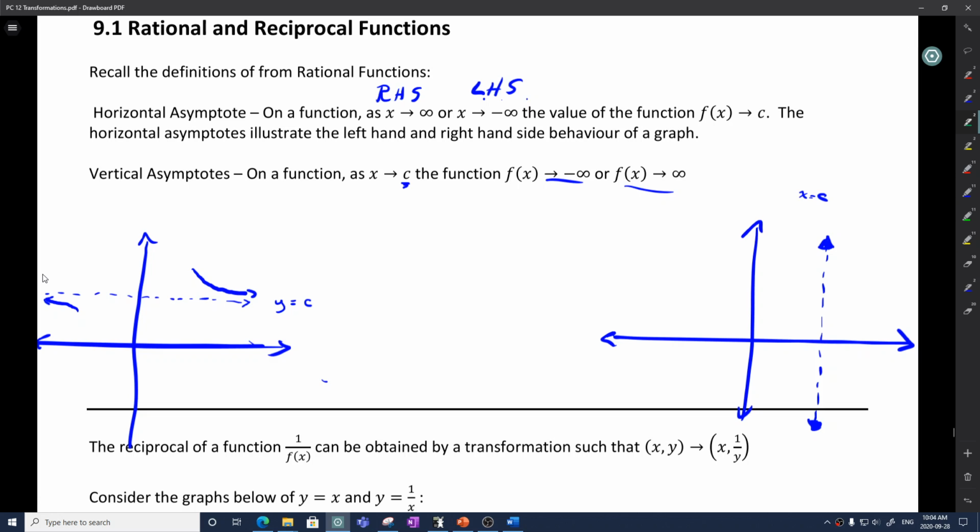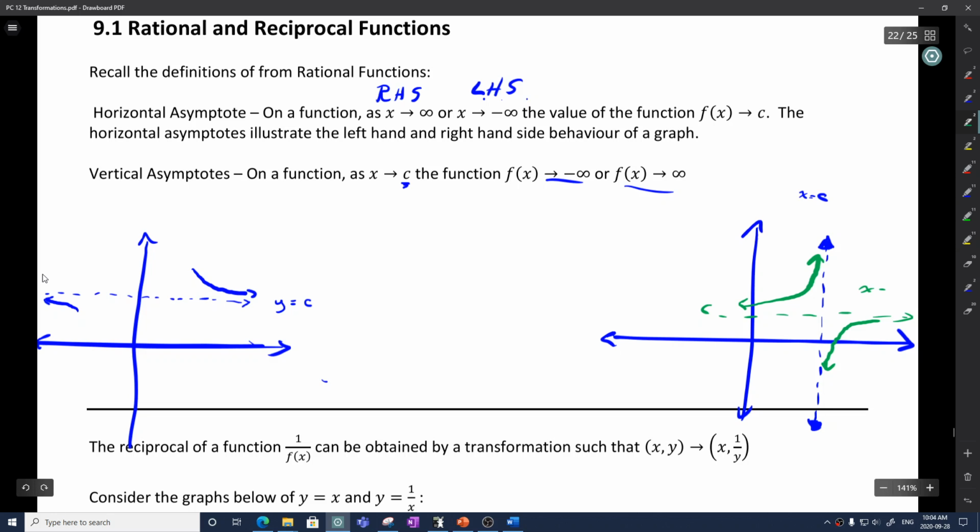But let's just draw what that might look like when you're able to say, I have a vertical asymptote. Now I'm just going to draw a horizontal asymptote just for fun. So for example, my function, as it approaches this vertical asymptote, will go way up. As x gets closer and closer to this value, y just takes off to infinity. It can also take off the other way. So now I'm going to approach c from this direction. Here we see that the value of the function goes towards negative infinity.